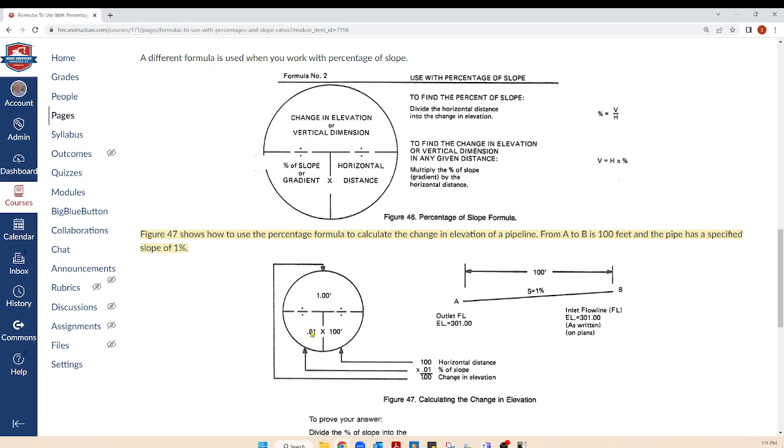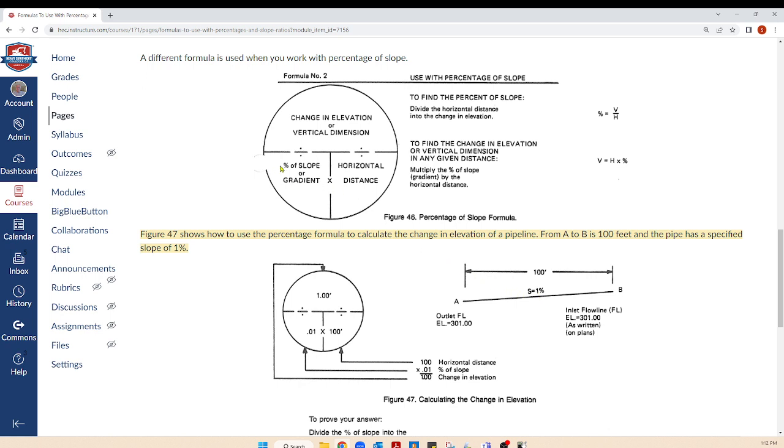Percent, let's see, what do we not know here? I'm not going into this right now. But this gives us a horizontal of 100 feet, and a percent slope of 1%.